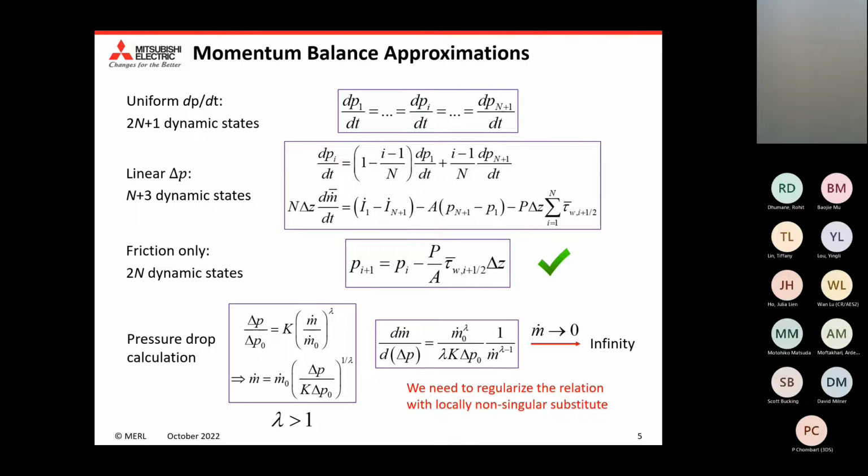But there's still one issue with this form: how can we calculate the shear stress, which comes from the pressure drop correlation? So we said we can further simplify the pressure calculation.